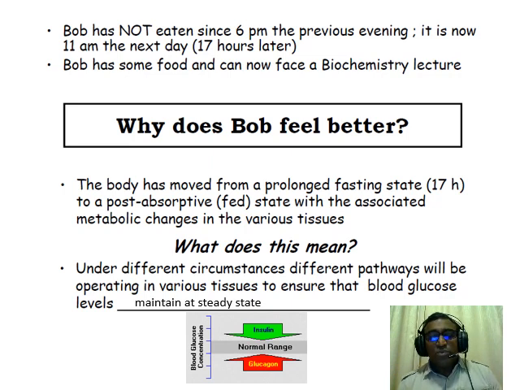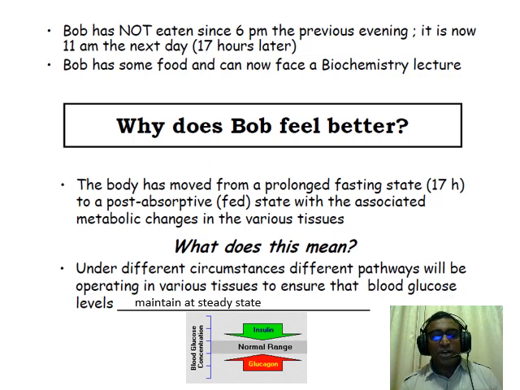So in order to make sure it stays in this normal range, that's where these two hormones come in, that is insulin and glucagon. When glucose is high, it will be brought down by the effect of insulin. When glucose is low, glucagon will then be secreted in order to raise up the glucose.